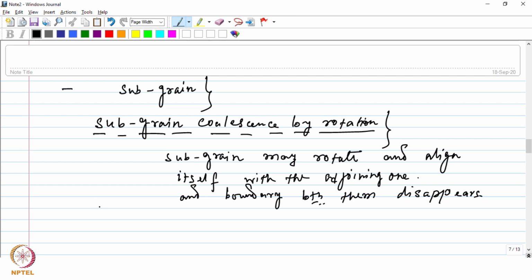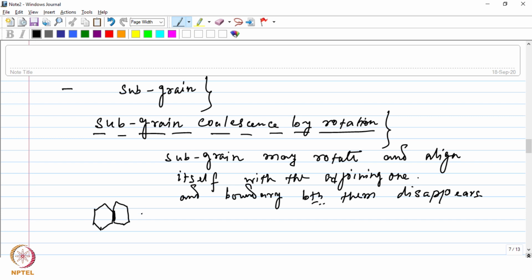Let's say in the beginning, these two subgrains were like this. With some difference across this boundary, some difference in the orientation. Okay, so there is some misorientation across that boundary.